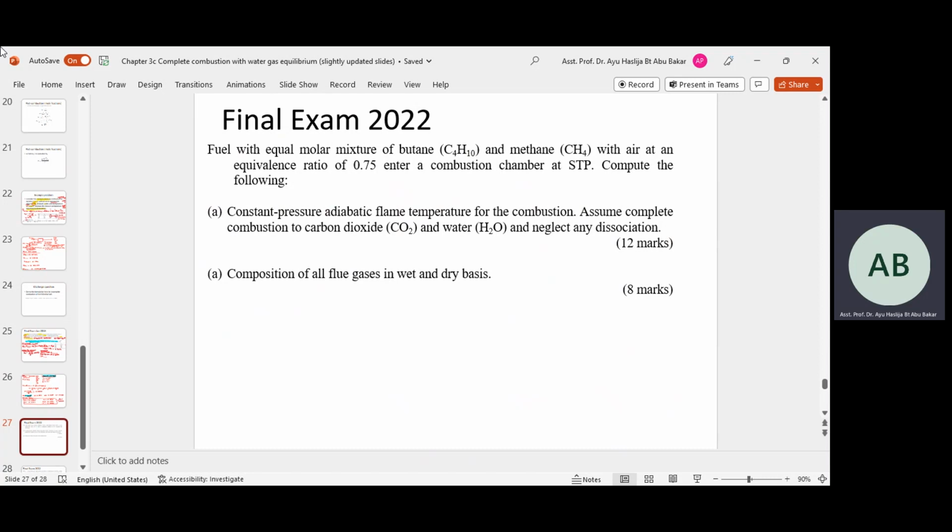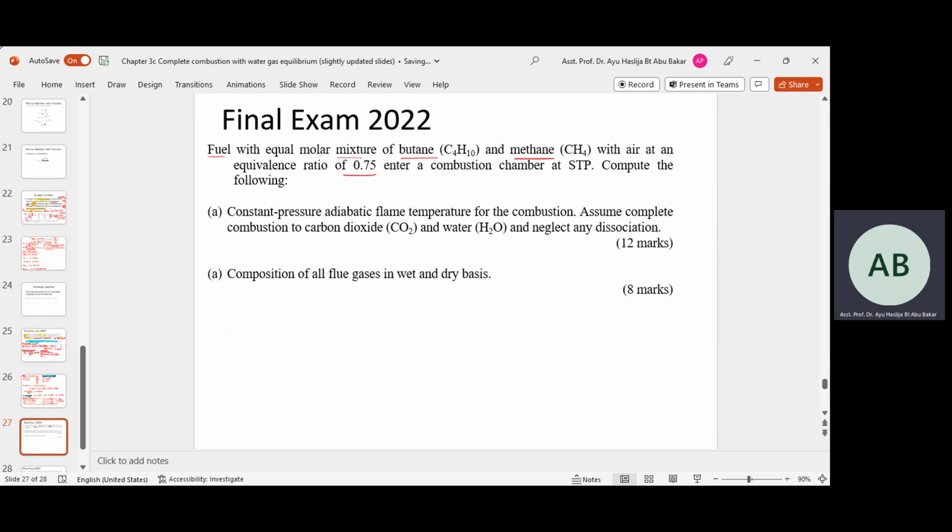Okay, now for those who had done the previous question, try this. This is from an exam 2022, last year. This question gives you a fuel of equal mixture of butane and methane with air at an equivalence ratio of this, entering a combustion chamber at STP.